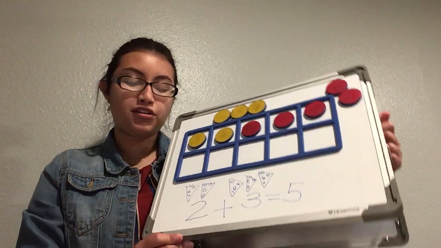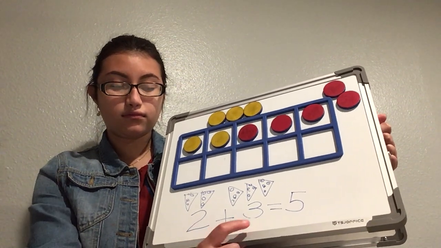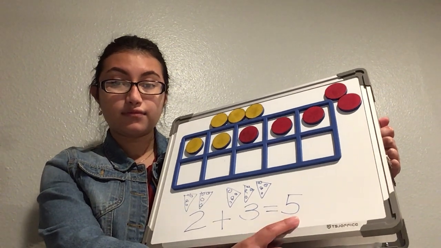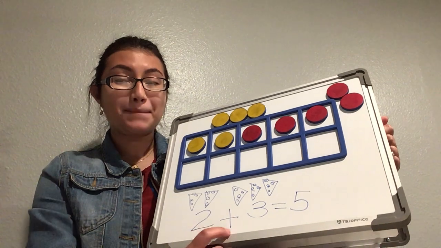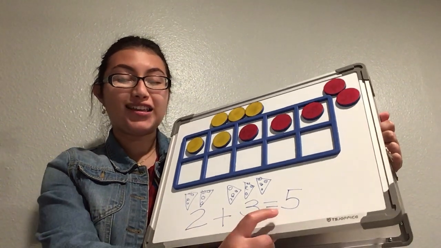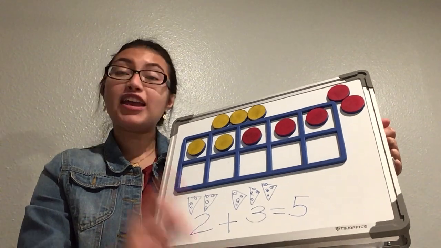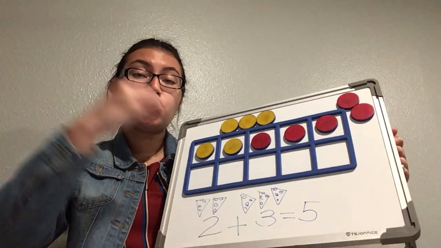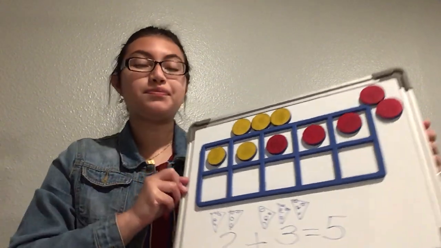See if you can try it by yourself. Now let's try it together. Let's see if you got it right. 2 plus 3 equals 5. Good job if you got it right. If you didn't, it's okay. Remember that plus means to join and equals means it's the same.